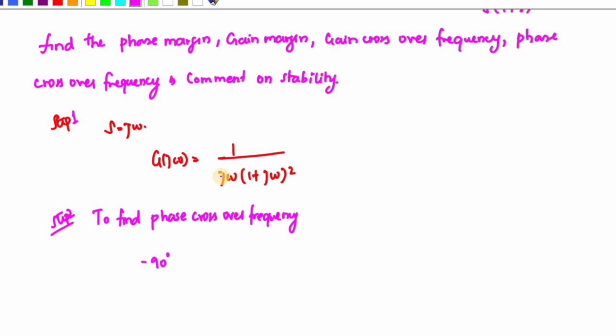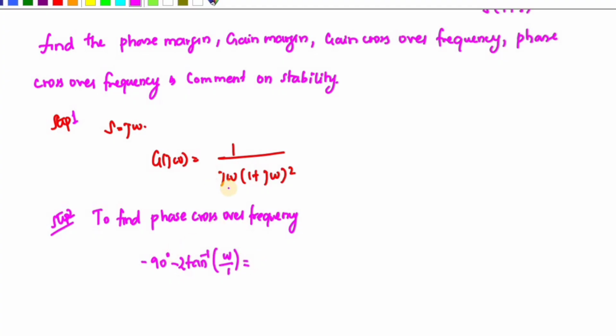Since j represents 90 degree and it is in the denominator, you have to substitute minus 90 degree, minus tan inverse of the imaginary term divided by the real term, that is omega divided by 1. Since you have a square, you have to multiply it by 2.